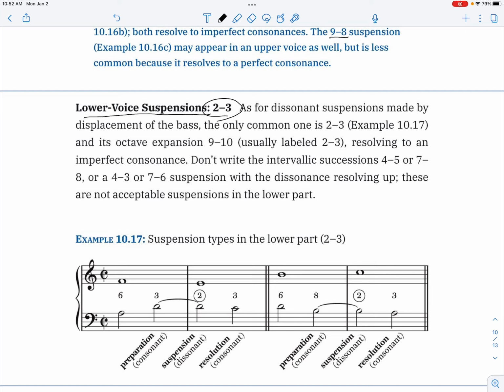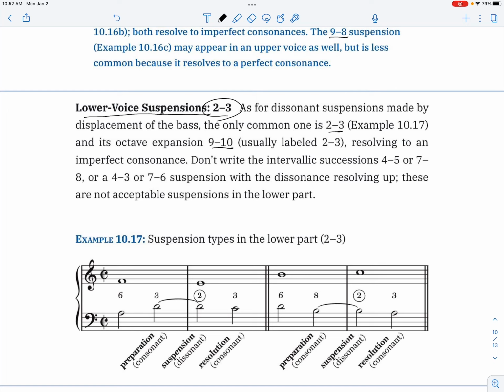As for dissonant suspensions with displacements of the bass, the only common one is 2-3, or its octave expansion, a compound interval 9-10, resolving to an imperfect consonance. Don't write the intervallic suspensions 4-5 or 7-8, with the dissonance resolving up. These are not acceptable. You do have to resolve down.